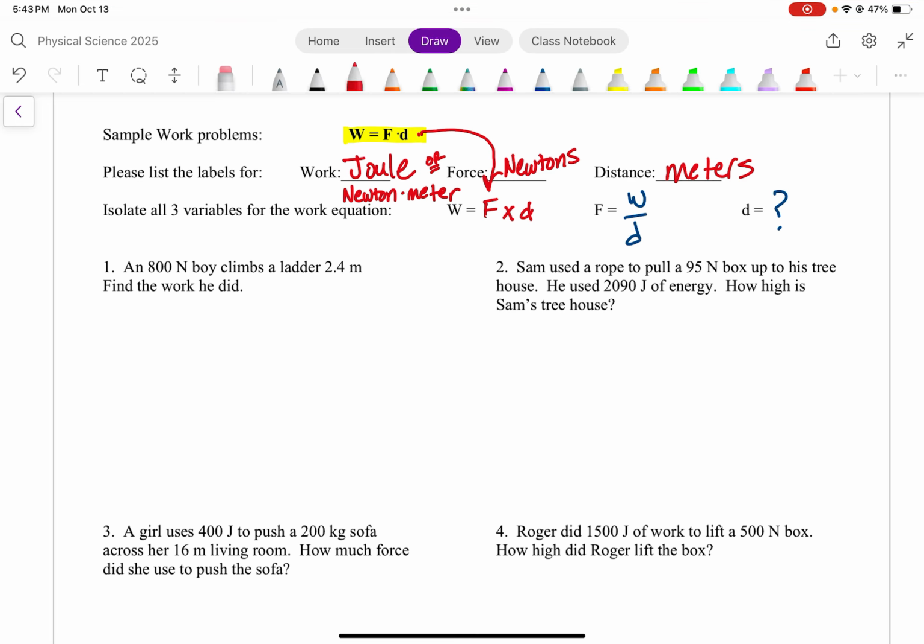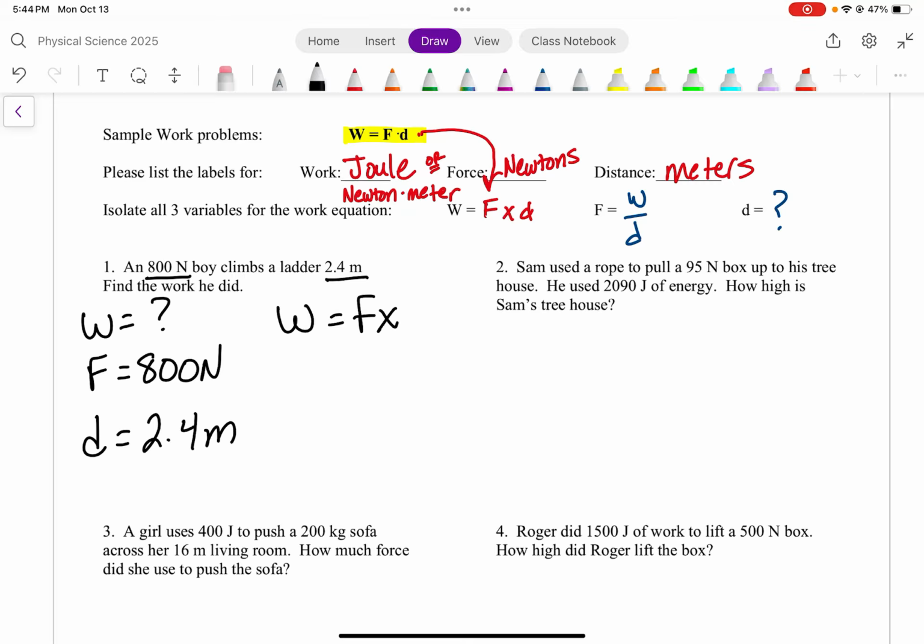Follow our same logic. 800 newtons and 2.4 meters. Trying to find work. And from there, it would be similar to what we've seen in the past. So you guys can finish that one on your own.